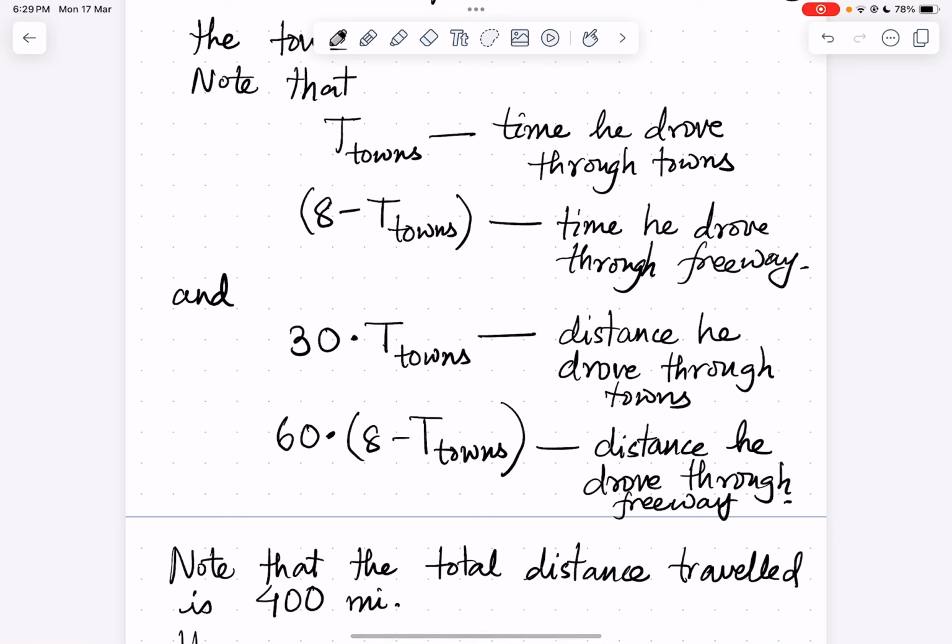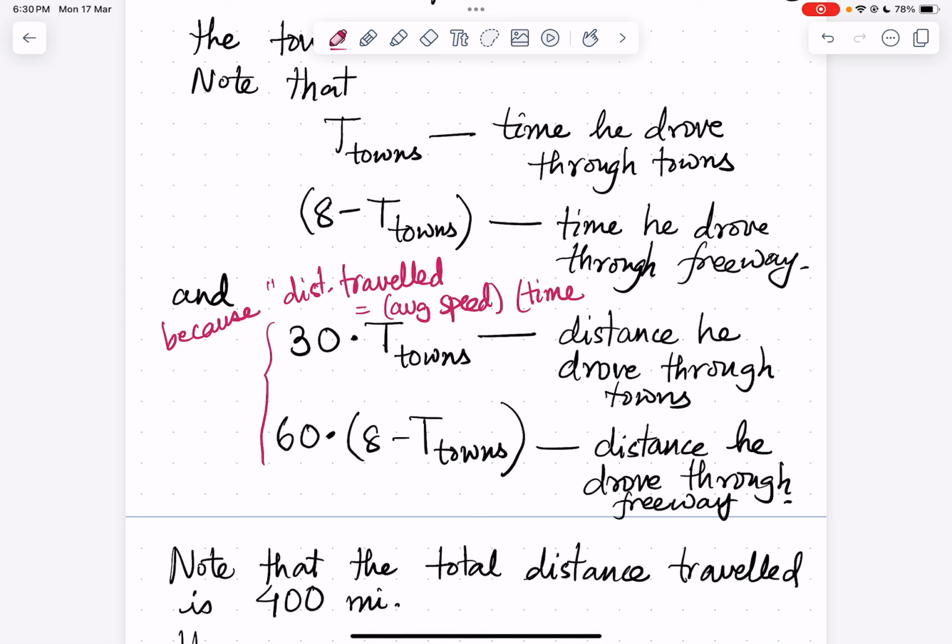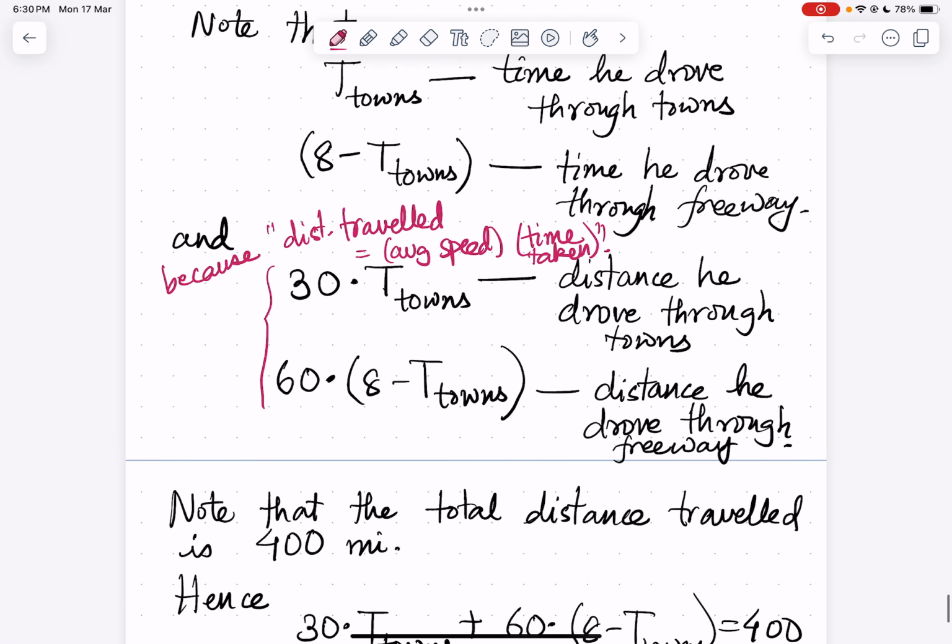This is because distance traveled equals average speed times time taken.